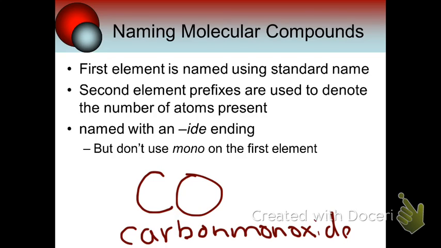Notice it's not called monocarbon monoxide. If it was 2 carbons, we'd say dicarbon oxide or something like that, but we don't use the mono prefix on the first element, only on the second element. A lot of people aren't using it on the second anymore. A lot of people are trying to say carbon oxide. It's not sticking though. That's the way to name it.